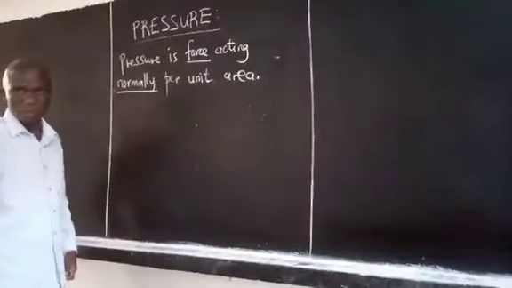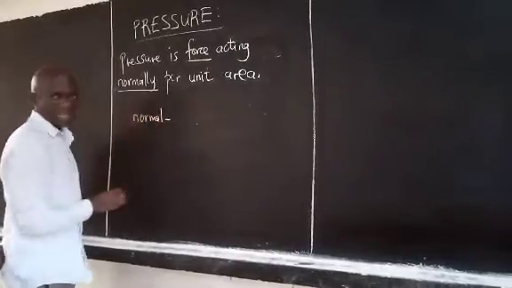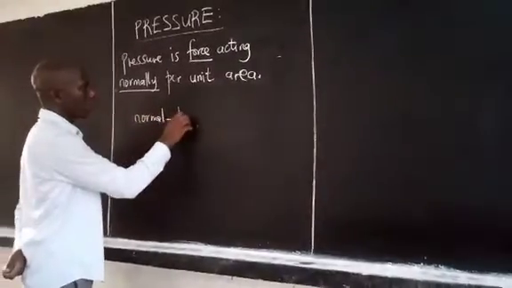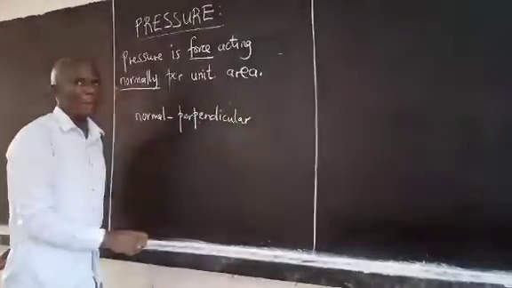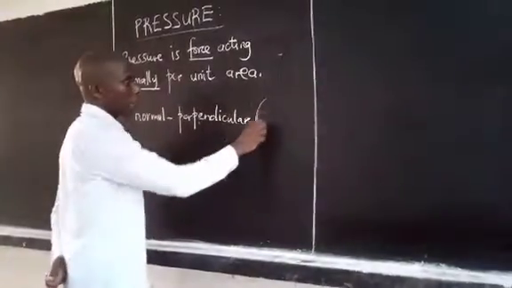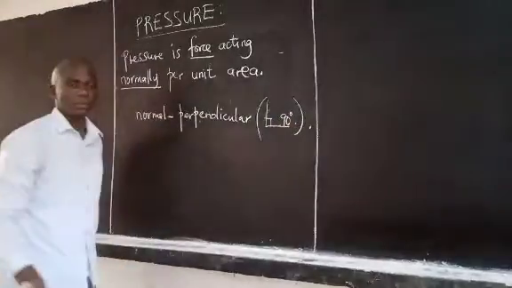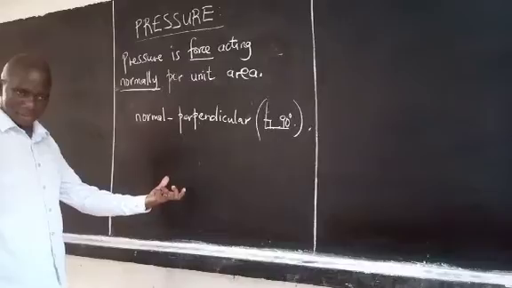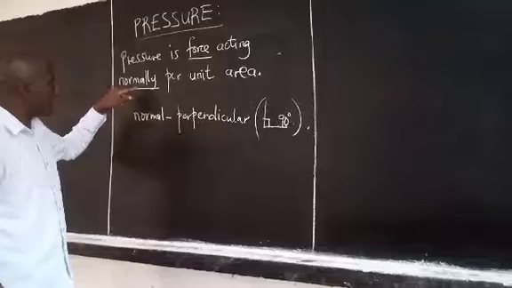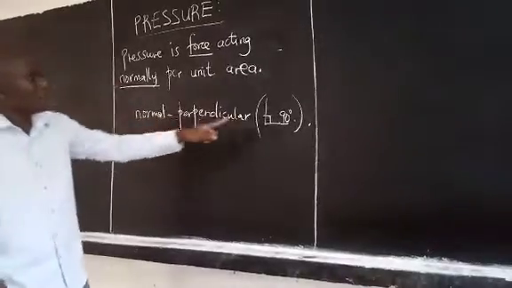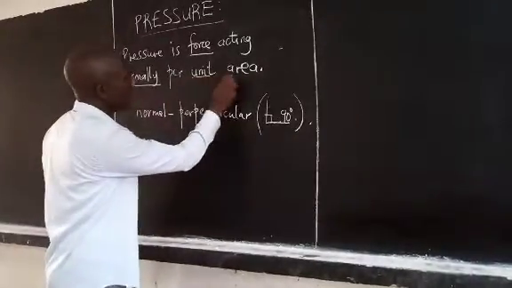The word normal in mathematics can be substituted with the word perpendicular. And when you say perpendicular, we know it has much to do with an angle of 90 degrees. So then what is pressure? That force that acts normally, that acts at 90 degrees on a unit area.